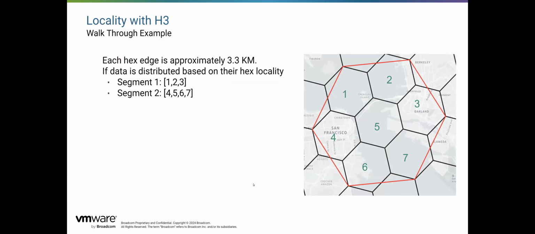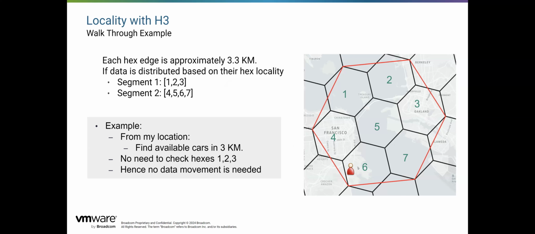All right. So let's go next. So I'm this red dot, right? This is near Candlestick Park, if I'm not mistaken, and I'm trying to look for a cab, for example. So next. So imagine all of these hexes, right? Let's hypothetically say 1, 2, and 3 hex data are put on segment 1, and 4, 5, 6, 7 are put on segment 2, okay?